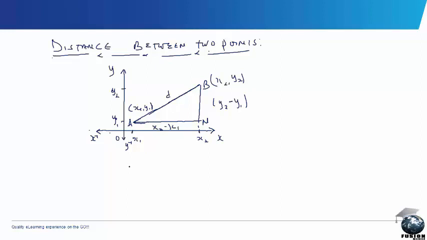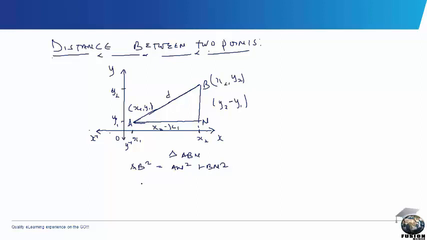By Pythagoras theorem, for a right angle triangle just like ABN in the figure above, we have that AB squared is equal to AN squared plus BN squared.